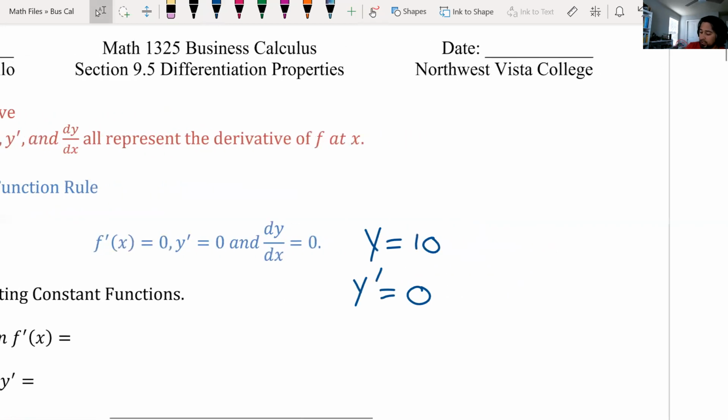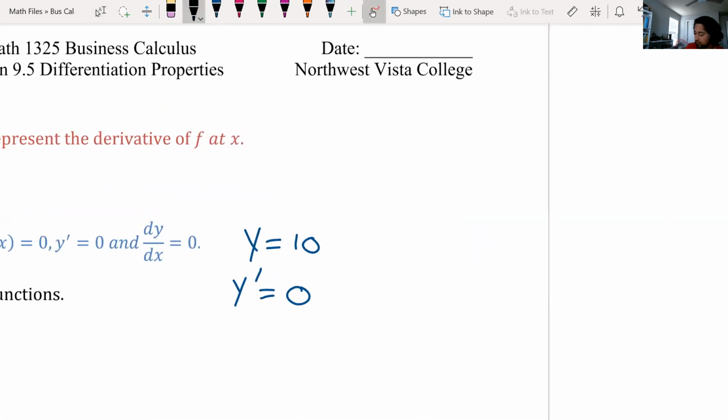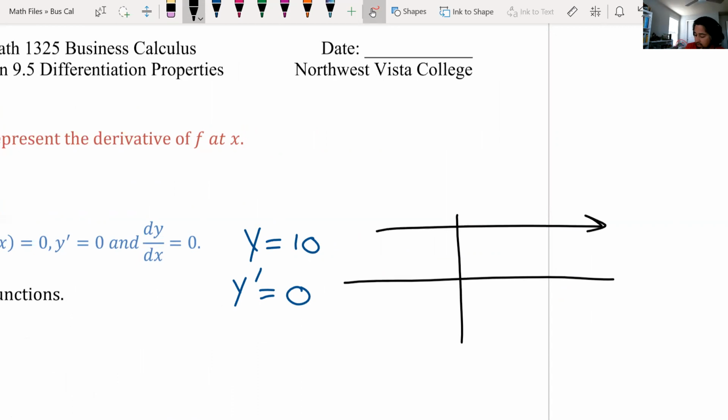And I like to put a diagram to everything I'm talking about. So remember that derivative means slope. So y equals 10 would be a horizontal line. And it just so happens that the slope of a horizontal line happens to be 0.